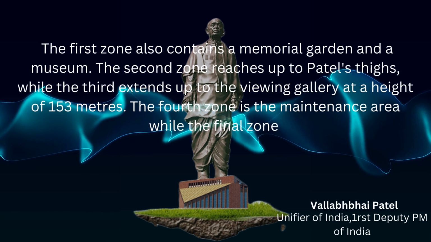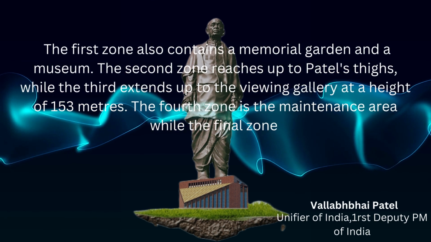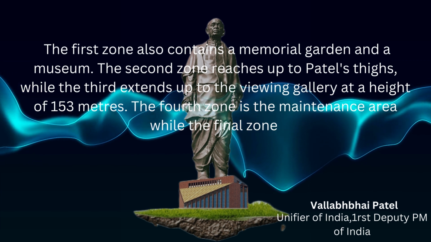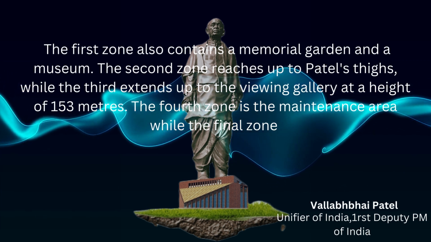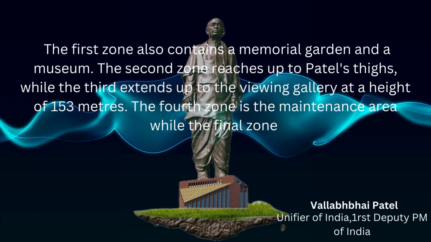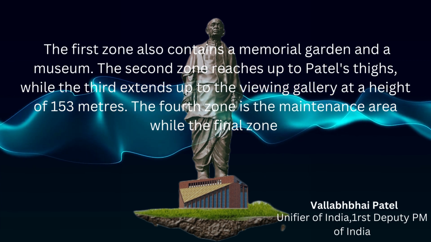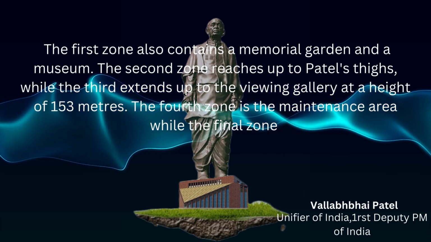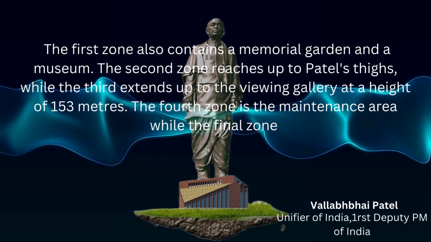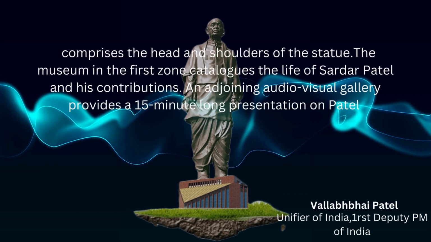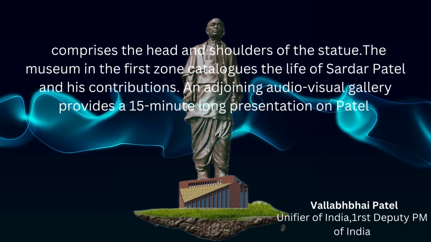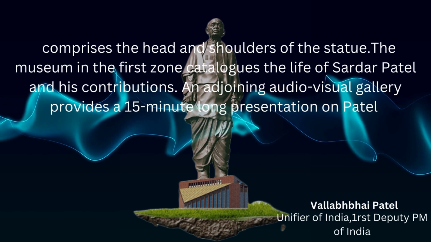The second zone reaches up to Patel's thighs, while the third extends up to the viewing gallery at a height of 153 meters. The fourth zone is the maintenance area, while the final zone comprises the head and shoulders of the statue.